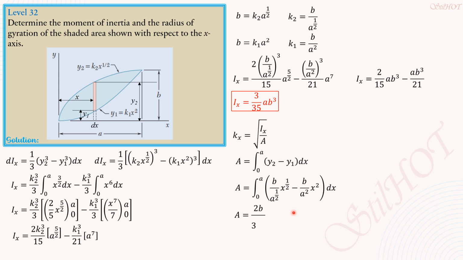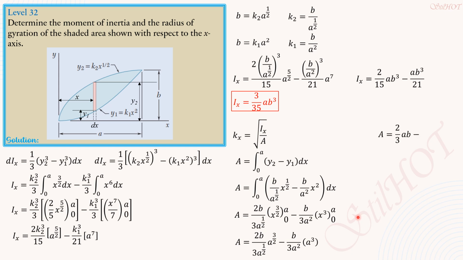So integrating, this is 2/3 b over a to the 1/2 x to the 3 halves from 0 to a, minus b over a square x cubed over 3, or b over 3a square x cubed from 0 to a. So take note that this is a to the 1/2, a to the 3 halves over a to the 1/2, that's a, 2/3 a b, the first term, and this is b over 3a square a cubed.